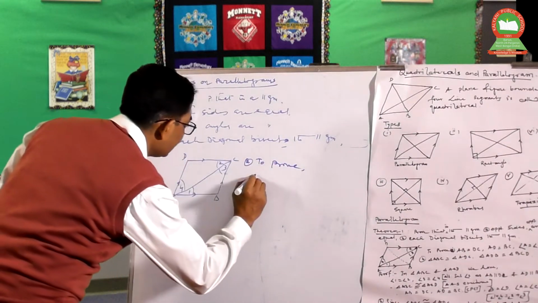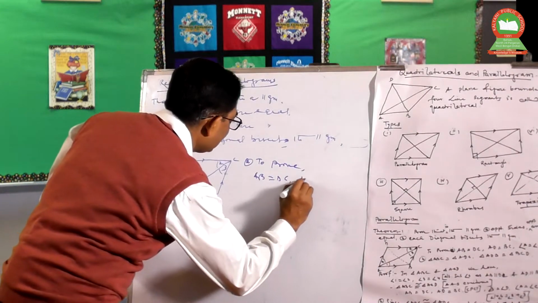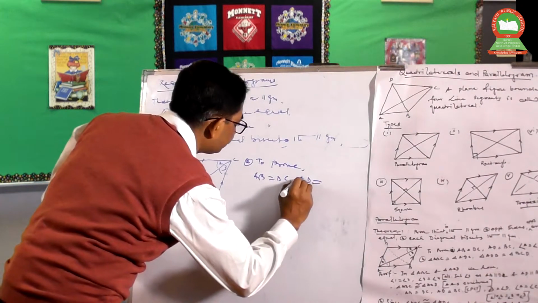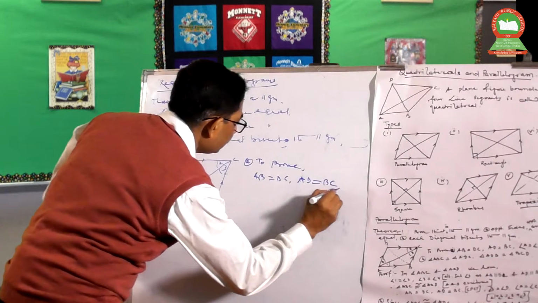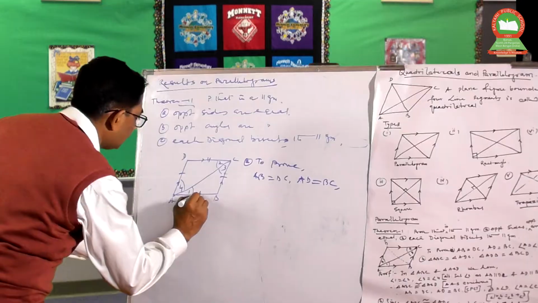What are these? This is AB equal to DC and AD equal to BC. Opposite sides are equal, that is this equal to this and this equal to this.